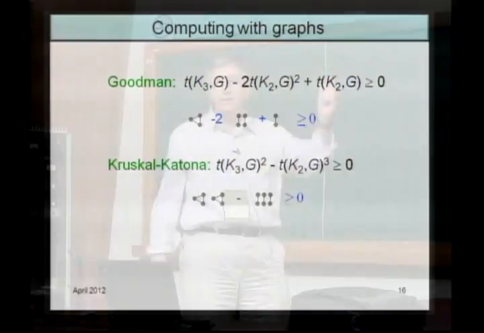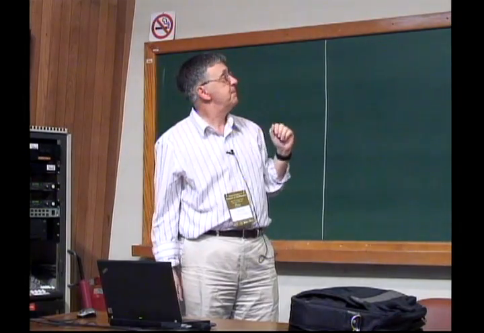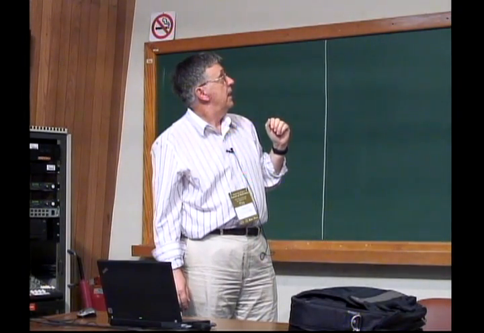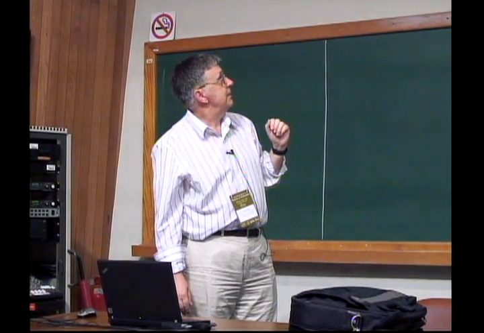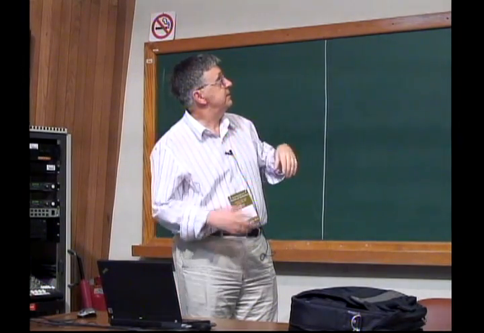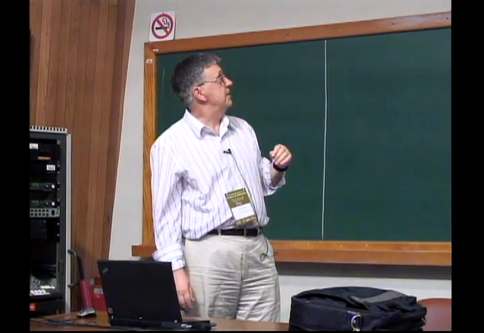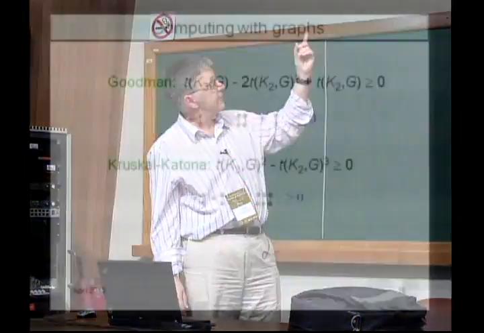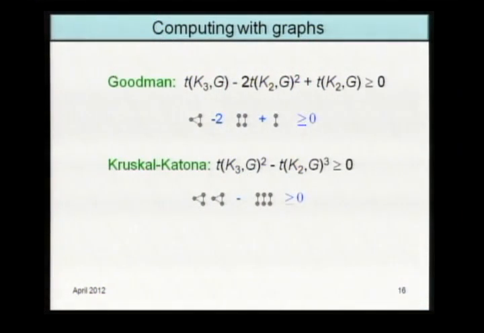So it's this quadratic inequality. Now, it's not convenient to have all these t's around, so I just took out what changes. So there's a triangle minus twice the edges, but it's squared, plus once the edge.